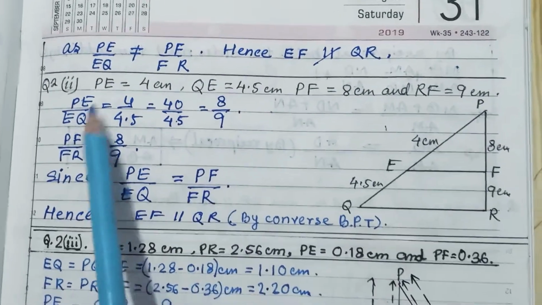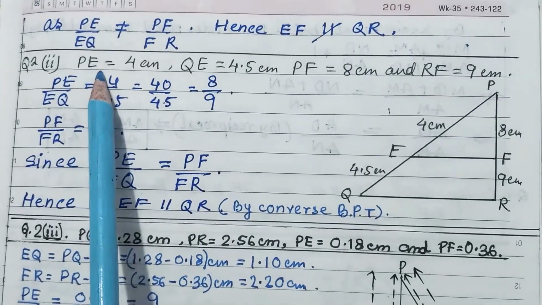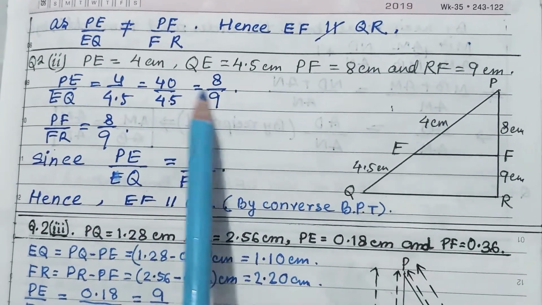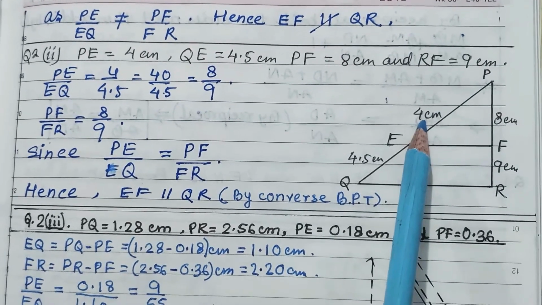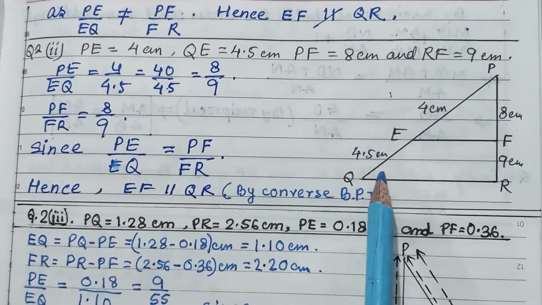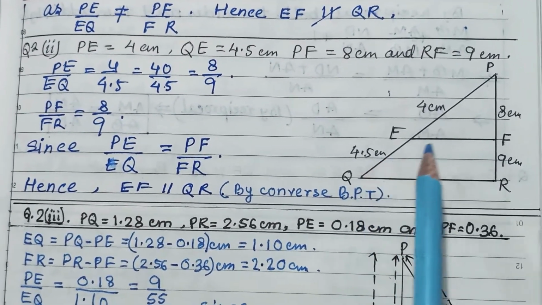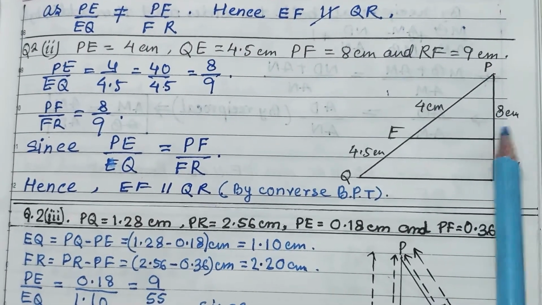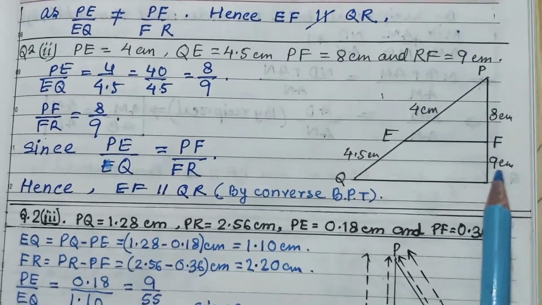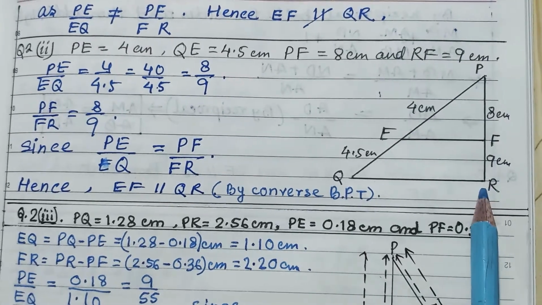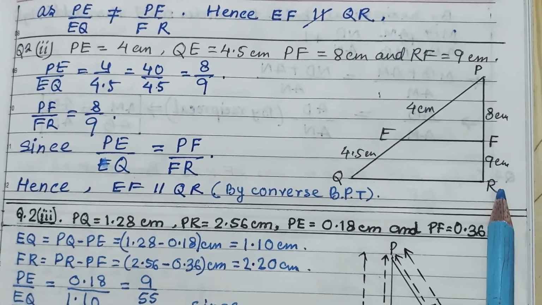Okay. Next question is PE is equal to 4 centimeter, QE is equal to 4.5 centimeter, PF is equal to 8 centimeter and RF is equal to 9 centimeter.